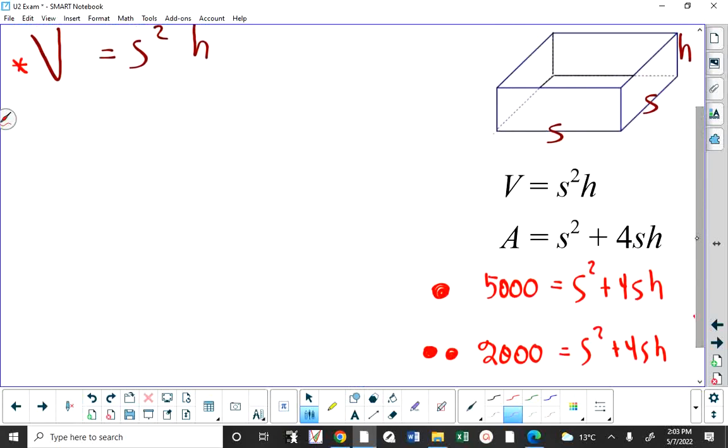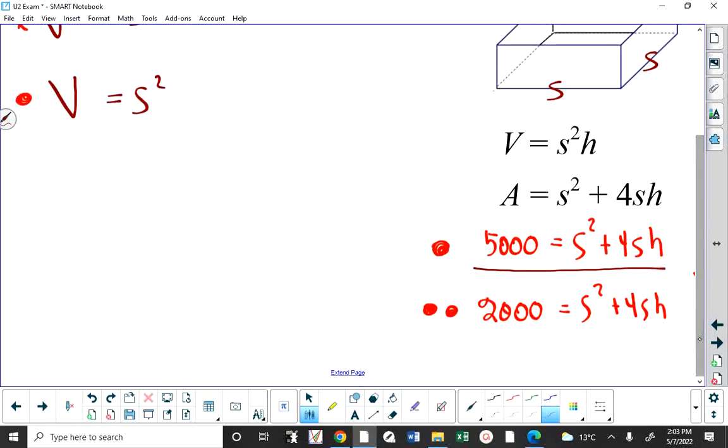And I think it would be worthwhile for me to actually complete both solutions here. So with version 1, you are going to substitute in h from this equation here.